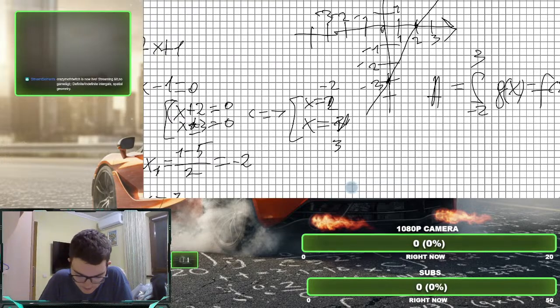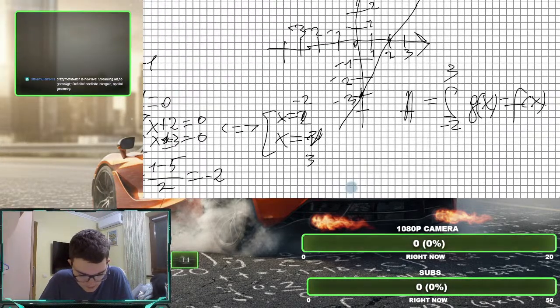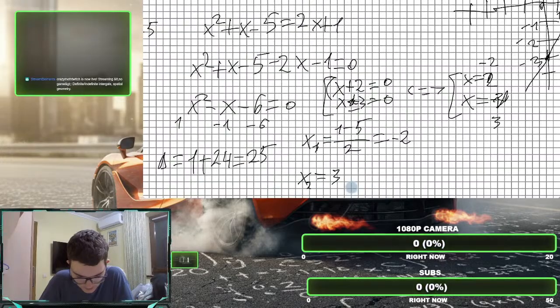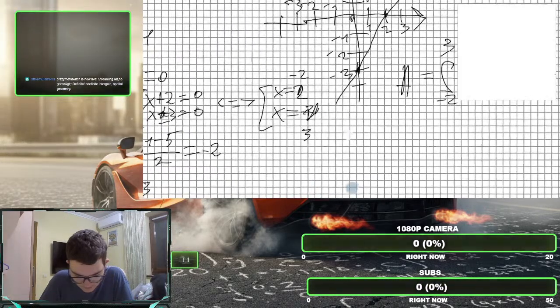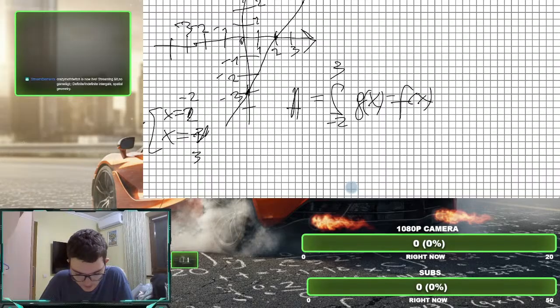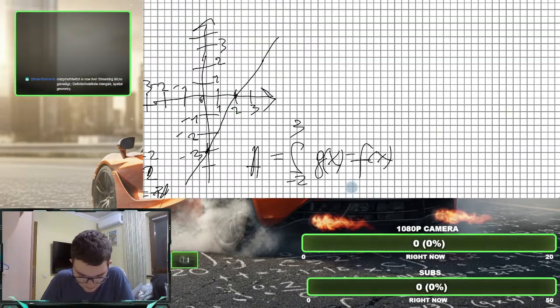If, for example, I plug in 0 in g(x), it's going to be 1. If I plug in 0 in f(x), it's going to be minus 5, so that's why it starts g(x) minus f(x). And yeah, you put dx here.